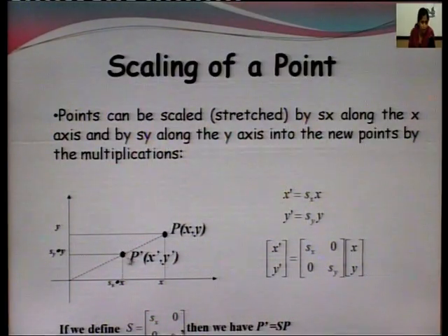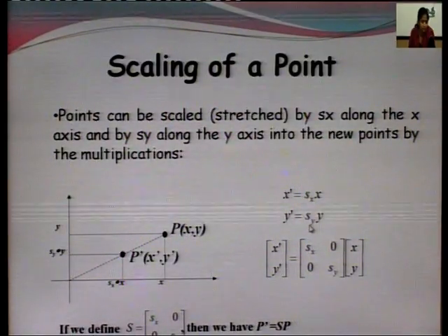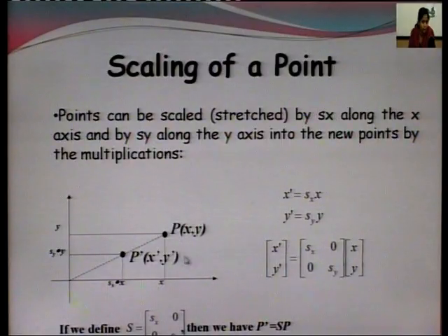To scale it to a new point P dash, we simply multiply the x coordinate by s_x and the y coordinate by s_y, and we get the new point x dash, y dash. Y dash is equal to s_y into y and x dash is equal to s_x into x.